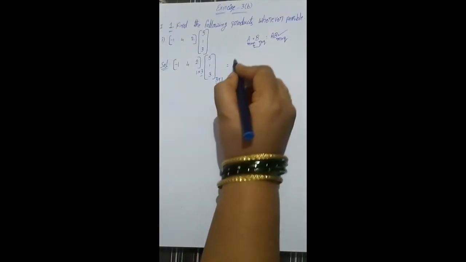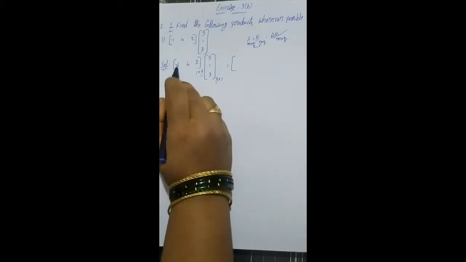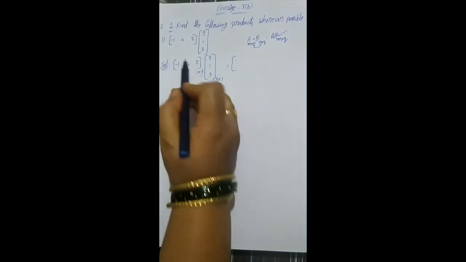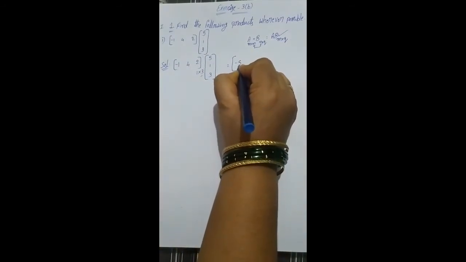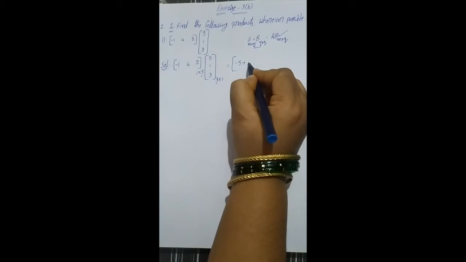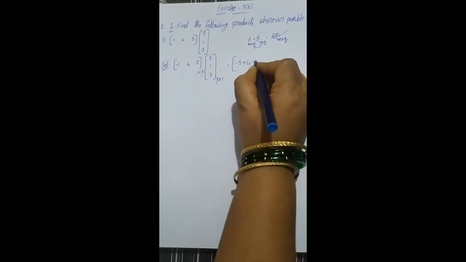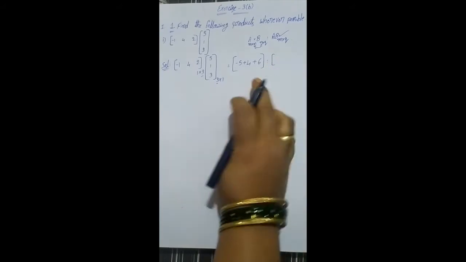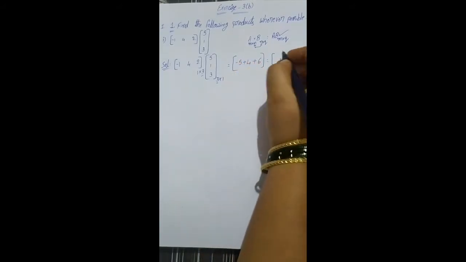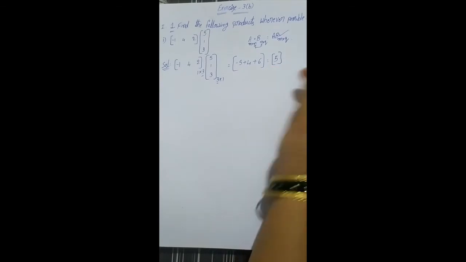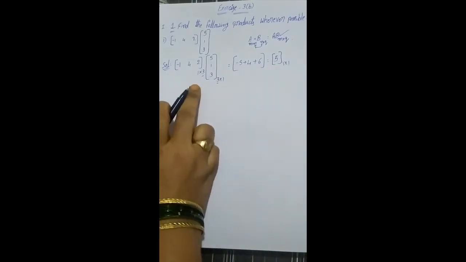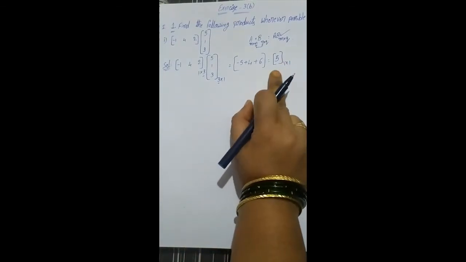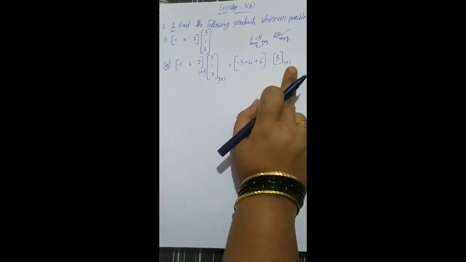That is equal to, this row is multiplied with this column: -1 into 5, -5, plus 4 into 1, 4, plus 3 into 2, 6. That is equal to 10 minus 5, 5. This matrix order is 1 by 1. By this formula, we also have a 1 by 1 matrix.